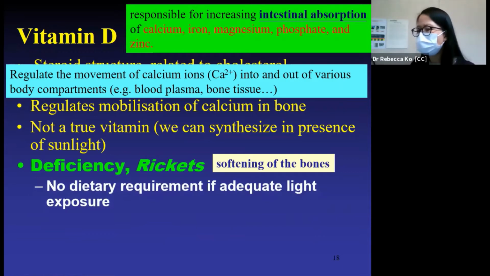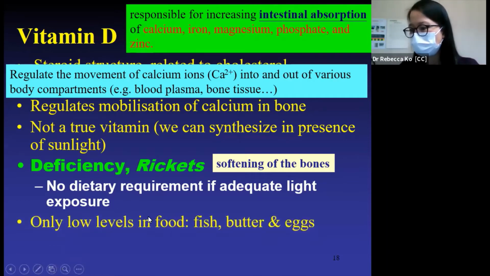The bones are not rigid, not strong enough, they become soft. In general, I would say there's no dietary requirement for vitamin D if we expose ourselves to sunlight with adequate light exposure. But if we stay at home for a long time, then we may need vitamin D from the food source.